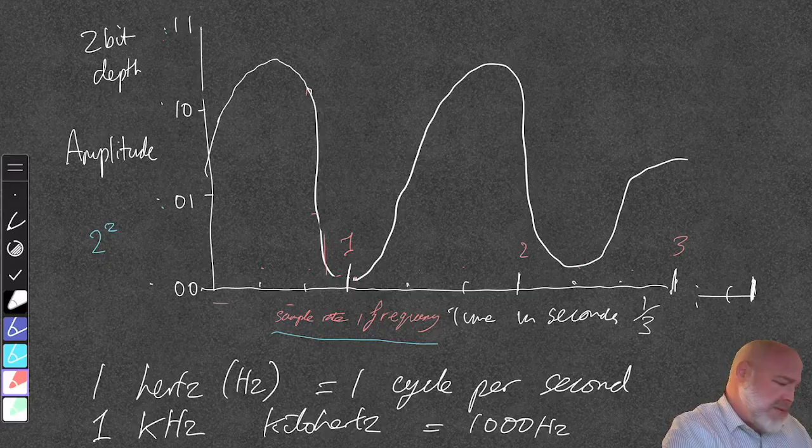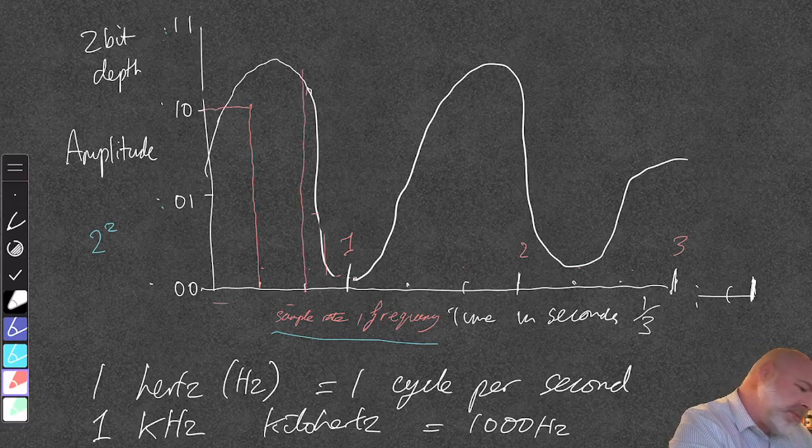So what I might have here is that I might go up and I can only sample at this point here. And this next sample is pretty much going to go to the top because I've only got a 2-bit depth.